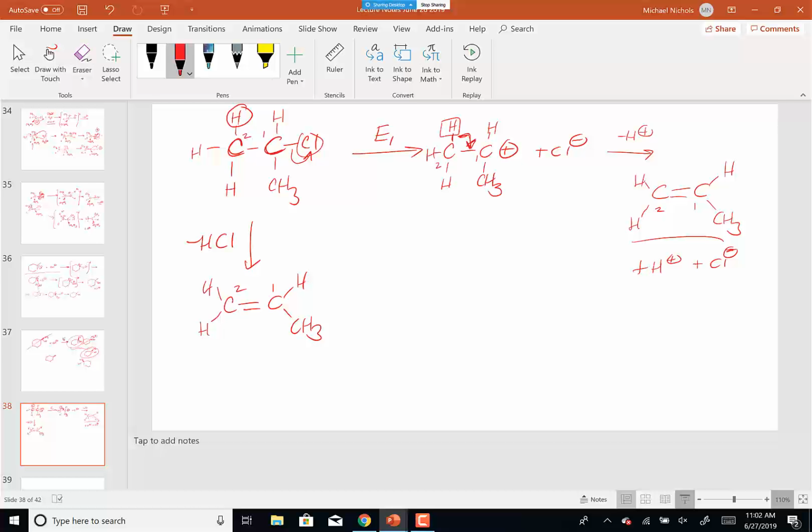Which is usually why I don't like to use the alpha beta terminology now, but it's the last week of classes, so we can use this a long way. What's the alpha carbon? The alpha carbon is the carbon attached to the leaving group. What's the beta carbon? The carbon attached to the alpha carbon. In this case, I actually have 2 beta carbons.